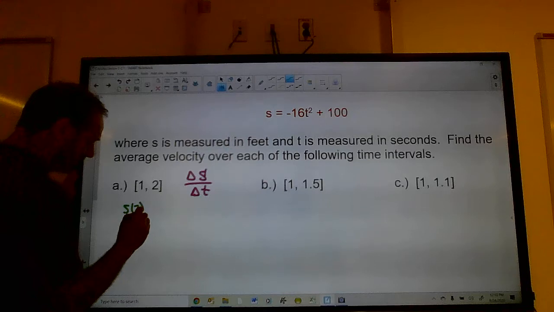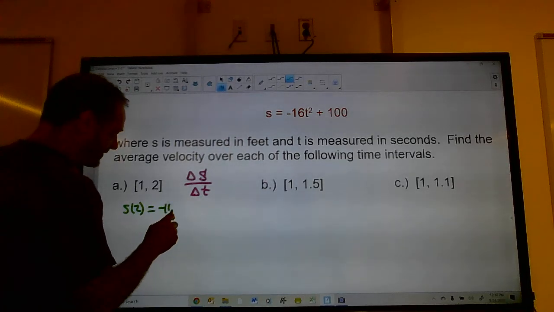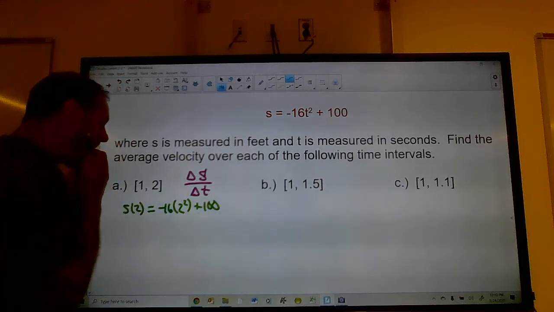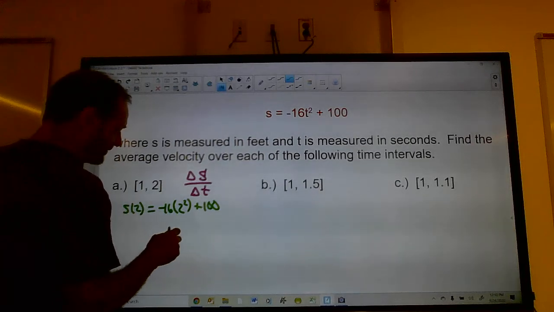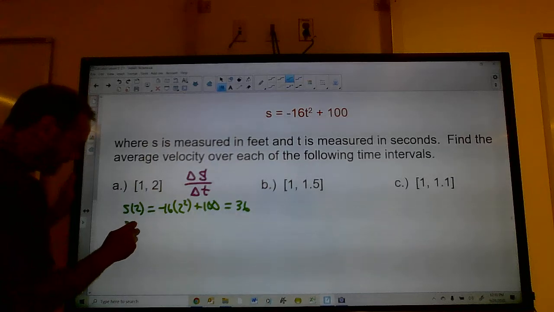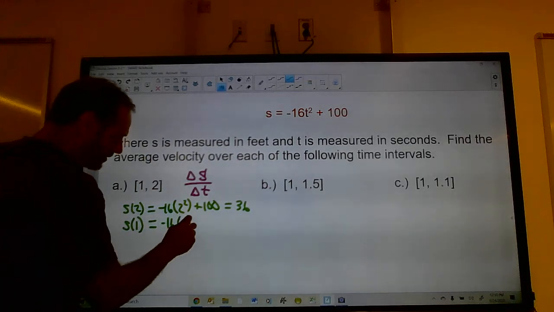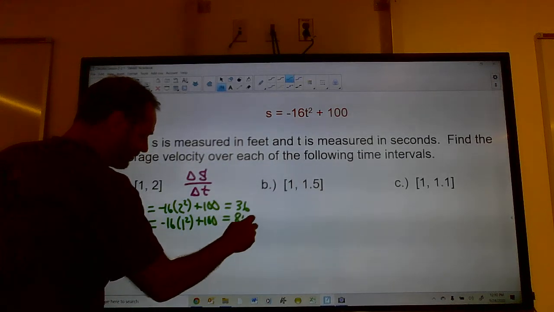So I'm going to find s of 2. That's going to be negative 16 times 2 squared plus 100. So 4 times 16 is negative 64, that's going to be 36. s of 1 is going to be negative 16 times 1 squared plus 100, that's going to be 84.